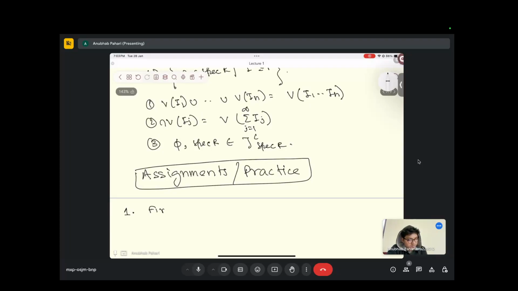So the first problem is: find all the ideals in each of the rings.